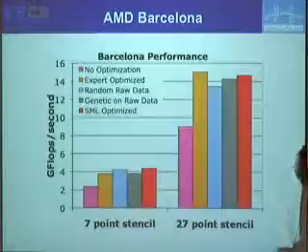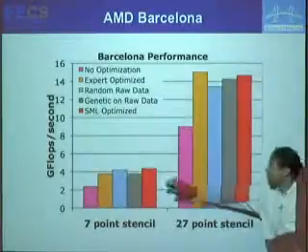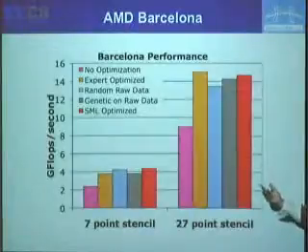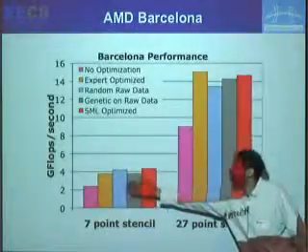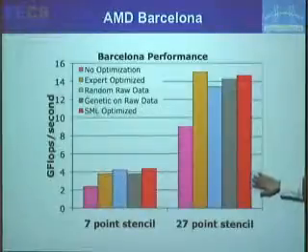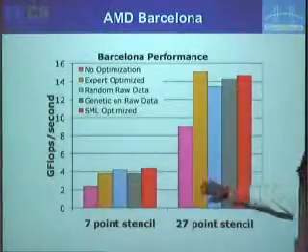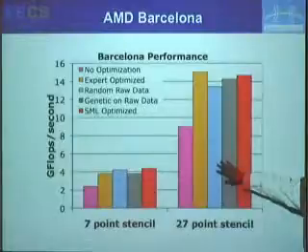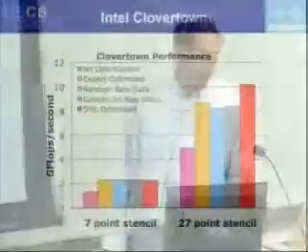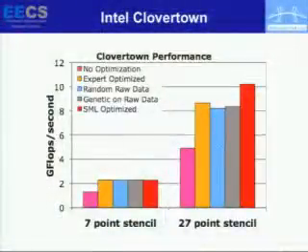On Barcelona, you see that the KCCA algorithm does the best, but it barely beats out what random already did. For the 27-point stencil, it does as well as the expert optimized, but it's certainly doing better than what random would give us. So that's encouraging. For the Clovertown 7-point stencil, we're just limited by the front-side bus.